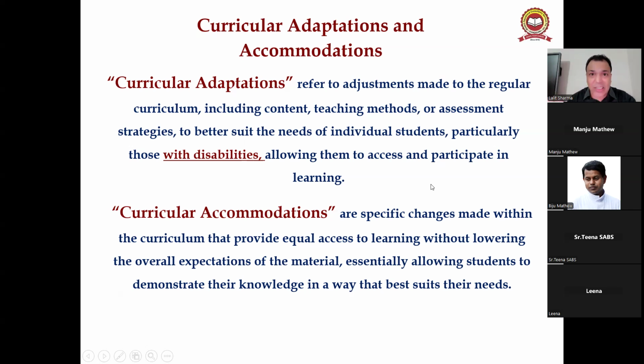Adaptation means adjustment. We, being teachers, principals, have to make adjustments in the curriculum, content, teaching method, assessment strategies, so that the disabled person along with the normal person can learn very smoothly.